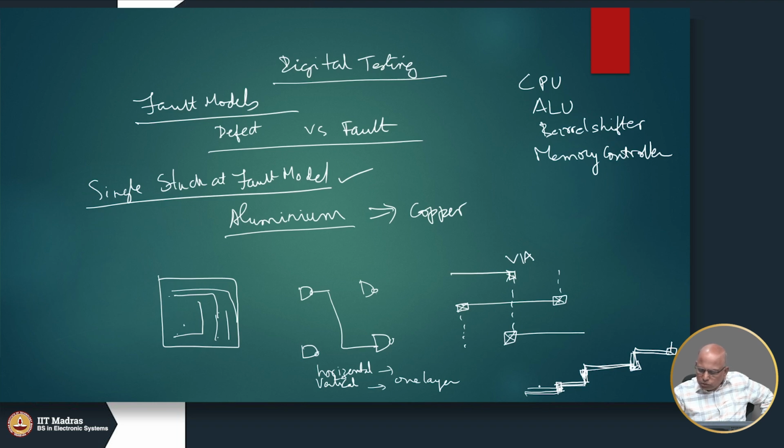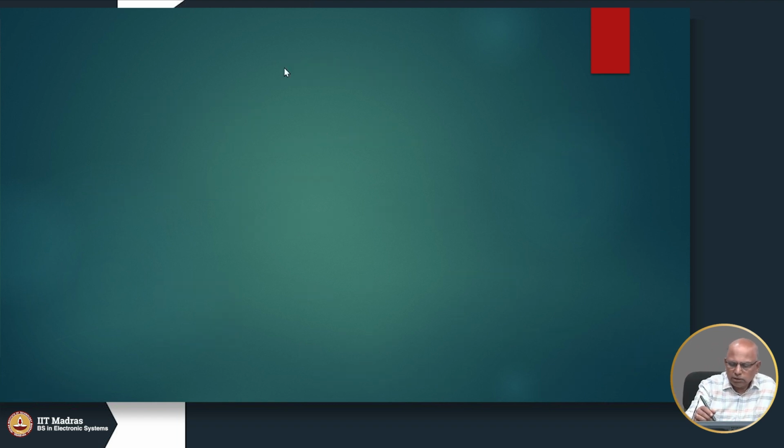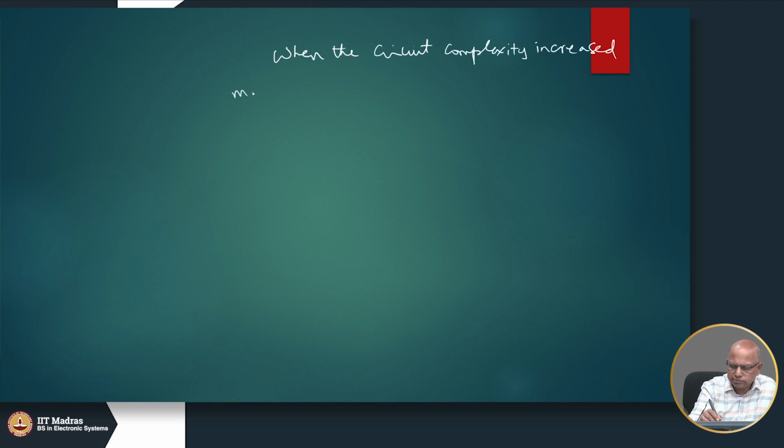So earlier we used to worry about faults in the wires, right? The wire could be open, or it could be shorted to ground, or it could be shorted to VDD. Two wires can get short circuited and things like that. So when the circuit complexity increased, that means more gates and more wires.